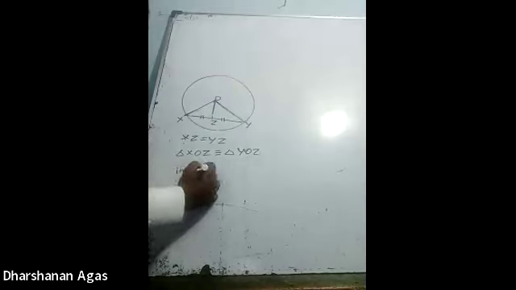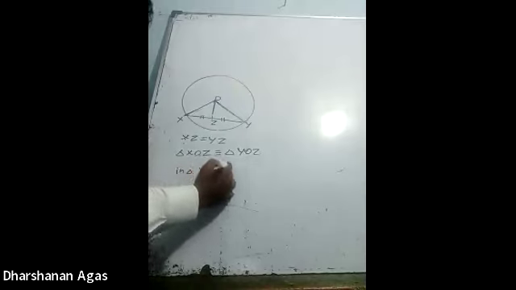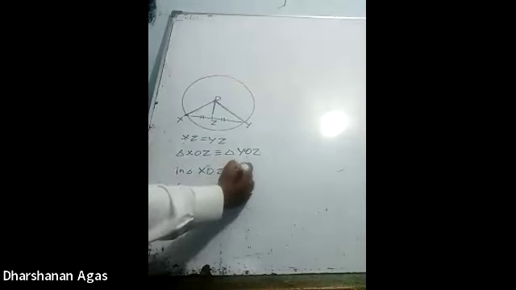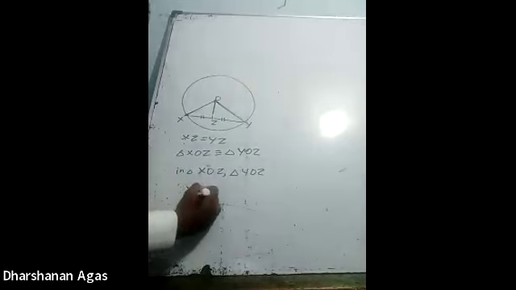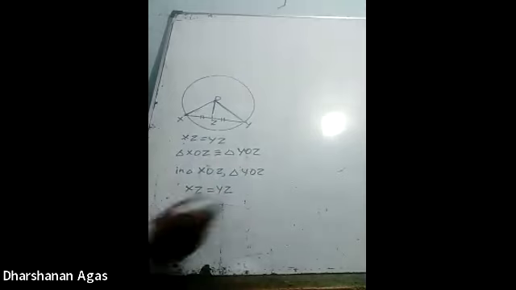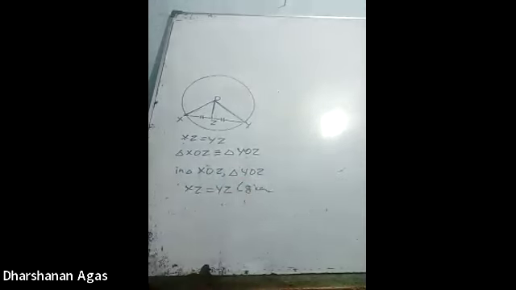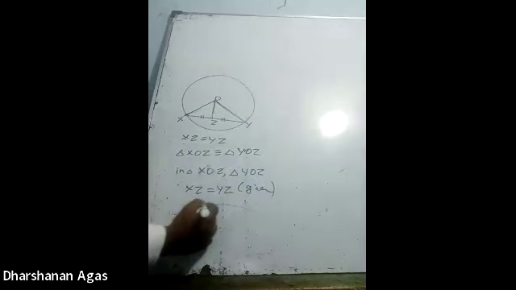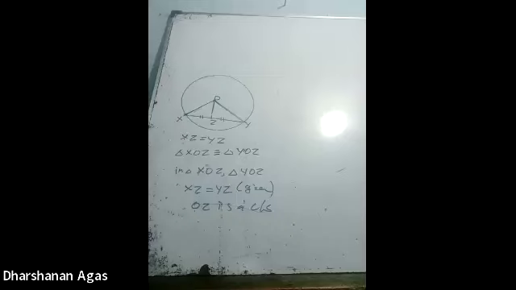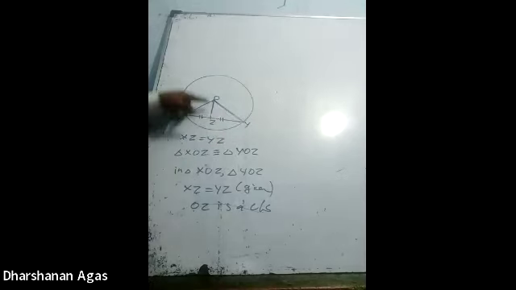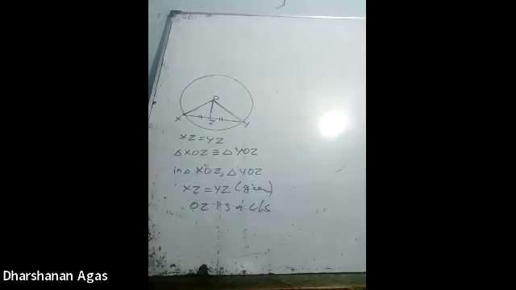In triangle XOZ and triangle YOZ, the data already given: XZ equals YZ, given. OZ is a common side. Another data we need. Two sides okay: XZ, YZ equal, OZ common side. Then what about OX and OY, students? That is the third side, since we are taking SSS.